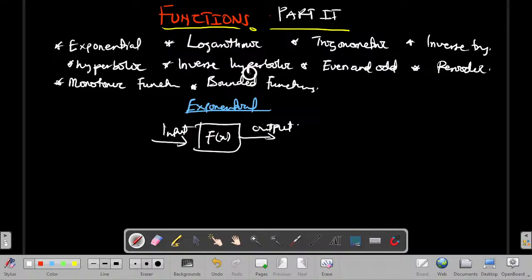Whenever we take any type of function, we look at what we call the domain of that function, and possibly the range of that function. These are the two main important factors we look at whenever we are handling any type of function. What will be the domain of this function? Because every function requires an input. But do you think that the function can handle every input? Some functions may reject some particular inputs.